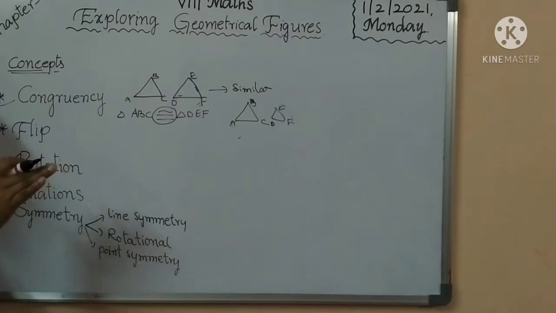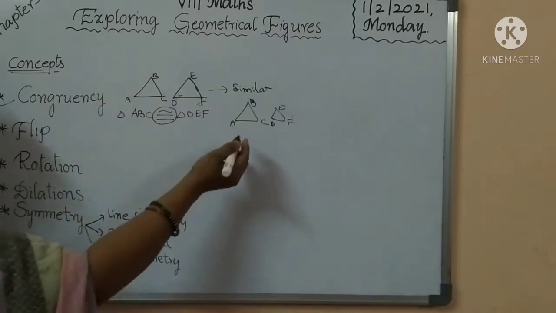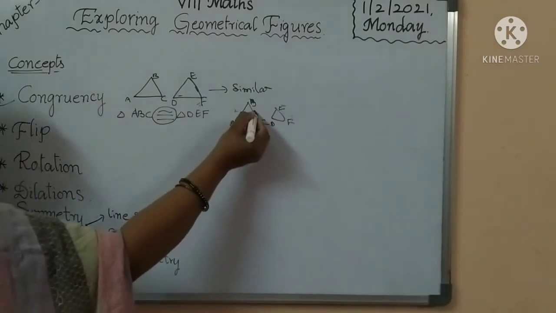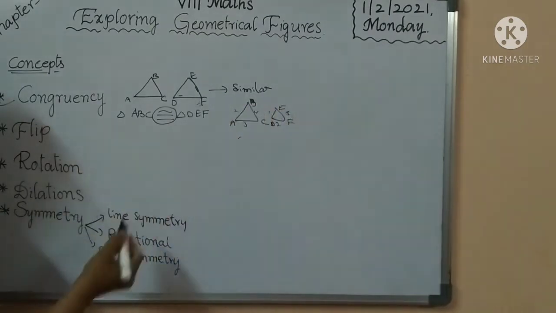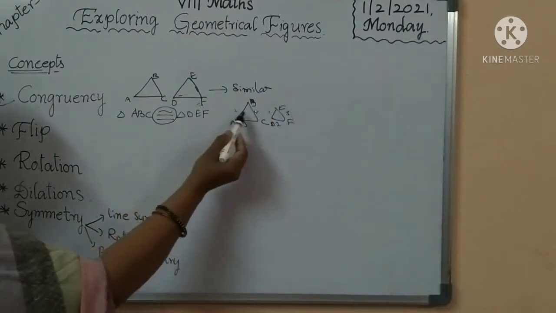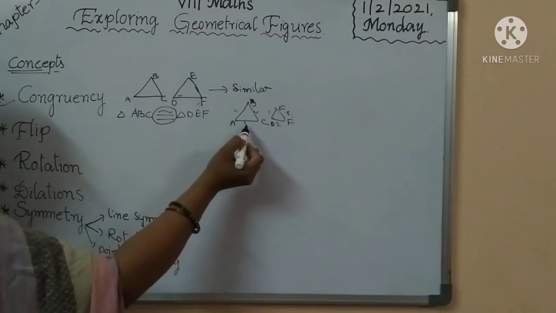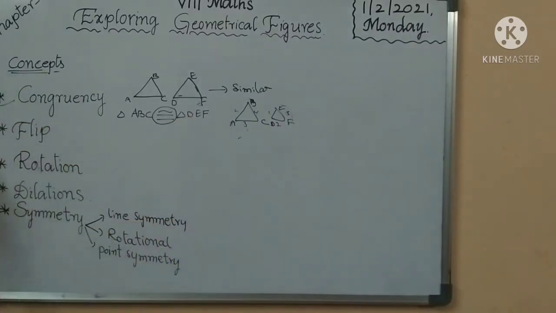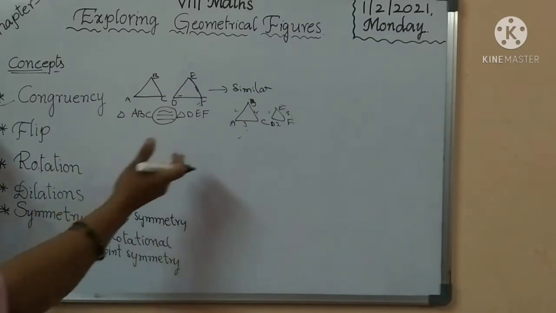The shape is the same, both are triangles, but the size is different. For example, sides of 2, 3, 4 units and 1, 2, 3 units. Sides are different. So the shape is the same but the size is different. That is called similar figures or similar triangles.